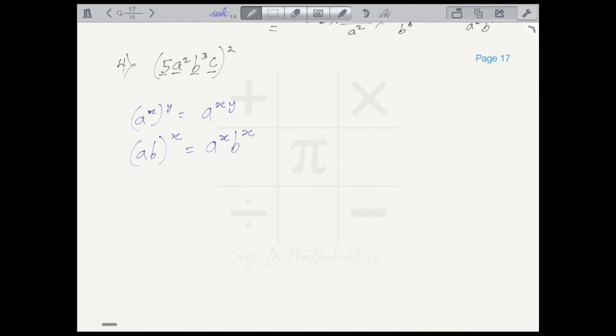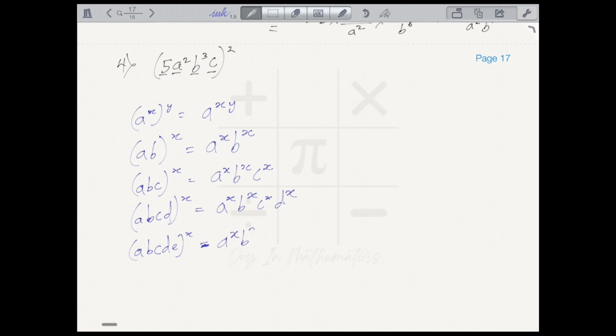And this principle can go on, and we say abc all raised to the power of x will be a raised to the power of x, b raised to the power of x multiplied by c raised to the power of x. And we can go further up to any term, a raised to the power of x, b raised to the power of x, d raised to the power of x. And we can stop at the fifth term in the bracket.